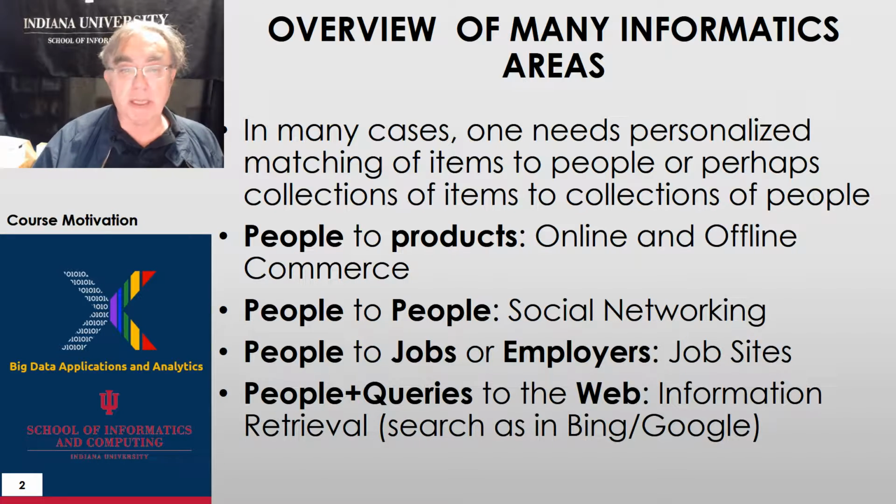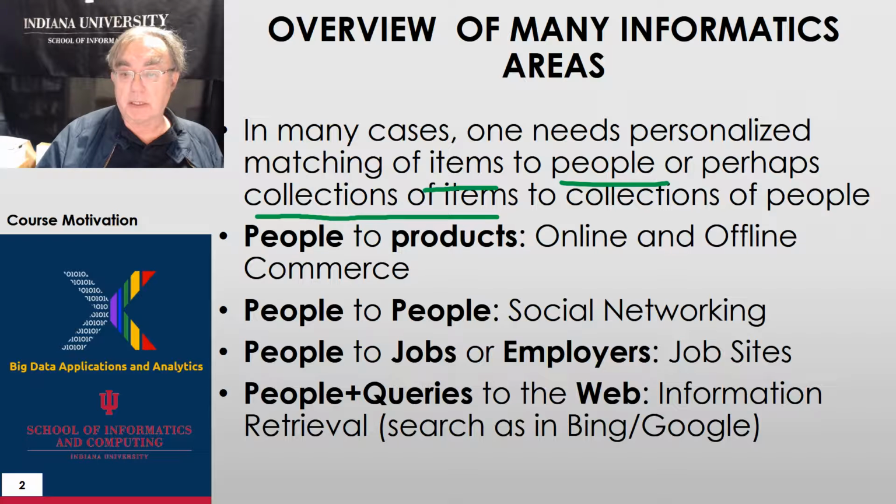And if we look at many informatics areas, one needs some sort of matching of things. Namely, if we're doing purchasing, we want to take people and match items they can purchase to them. And maybe we actually either don't have items, but collections of items or collections of people. So we have various possibilities here.